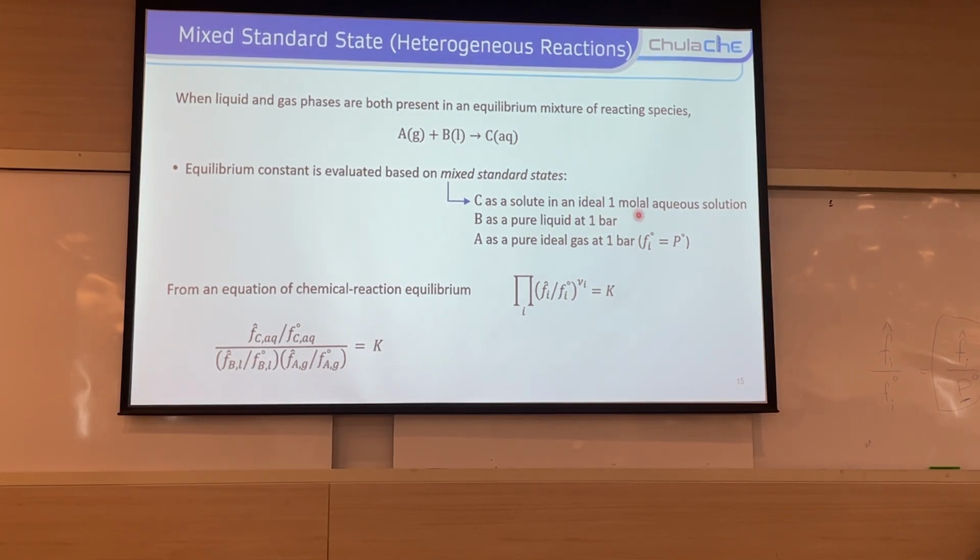This means the unit of concentration is the molarity, if you remember. What I just want to say is that the standard state of the solute component is one molarity of the solute itself. So for example, you have the chemical reaction equilibrium equation like this.